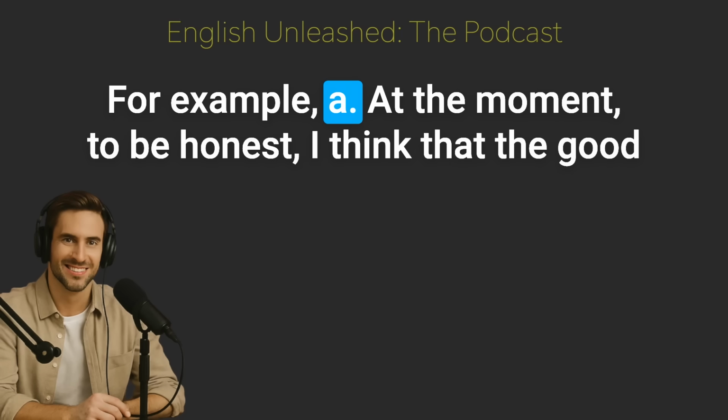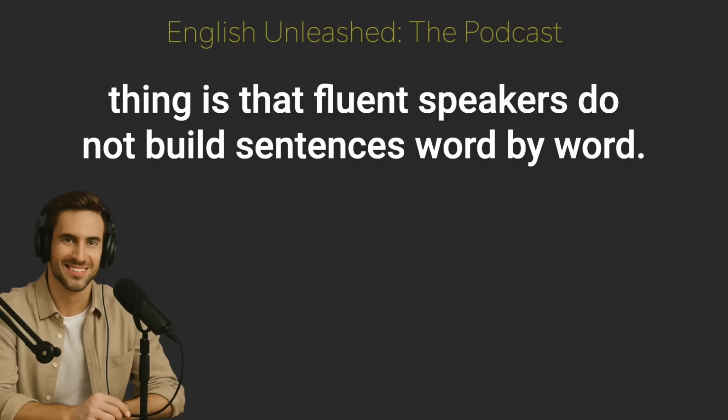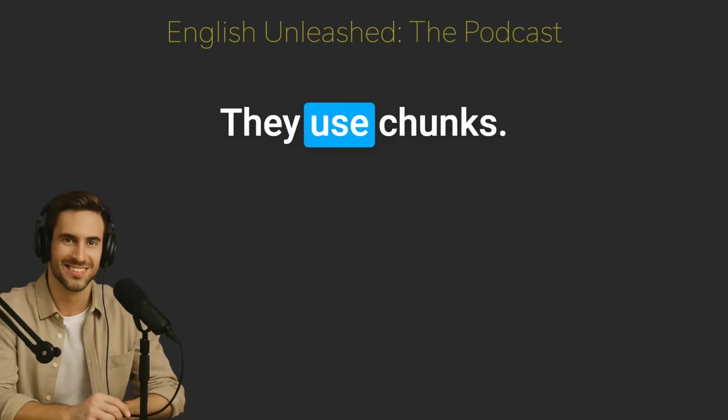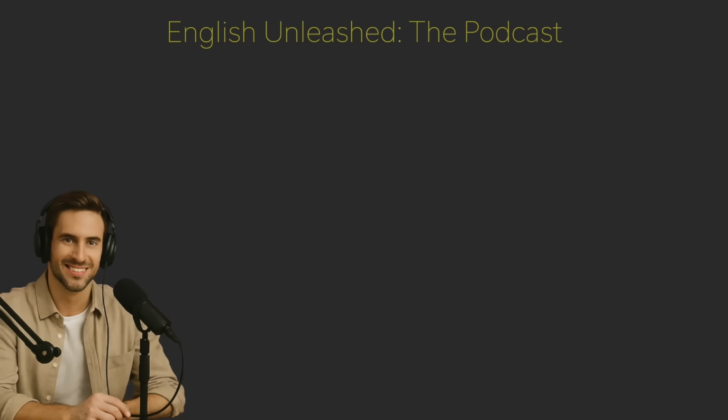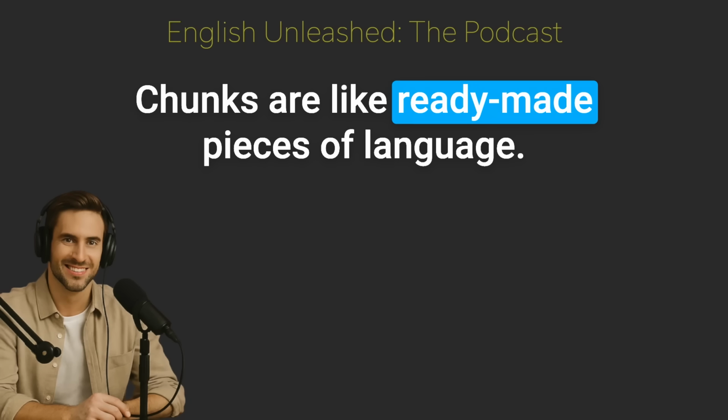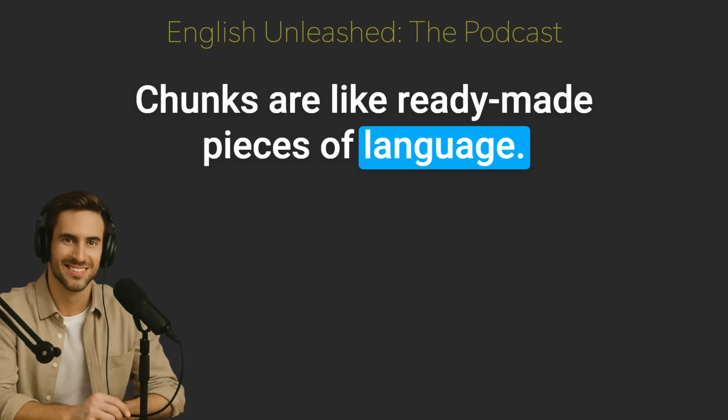For example, at the moment, to be honest, I think that, the good thing is that. Fluent speakers do not build sentences word by word. They use chunks. Chunks are like ready-made pieces of language.